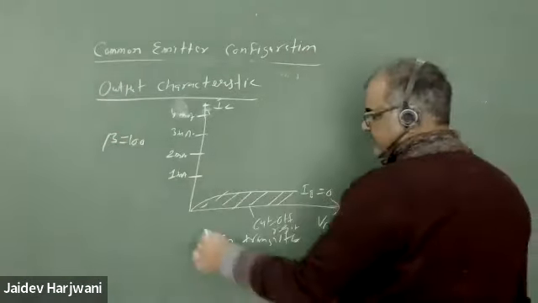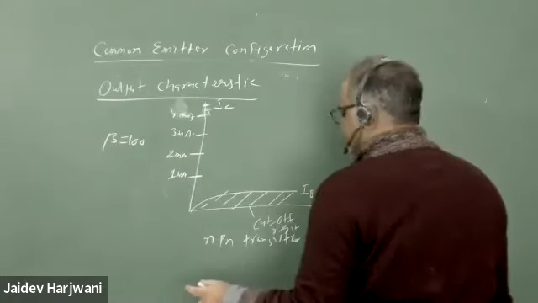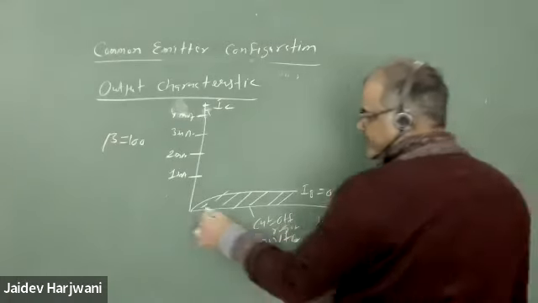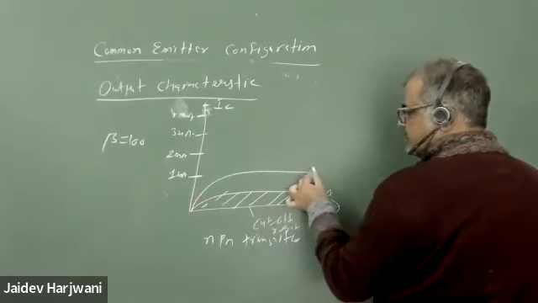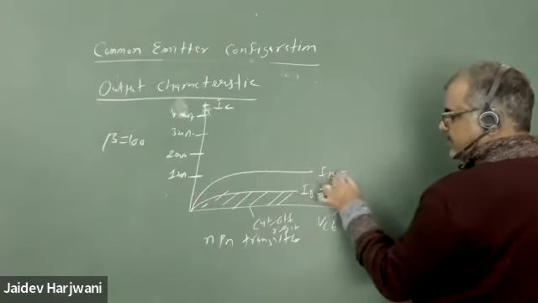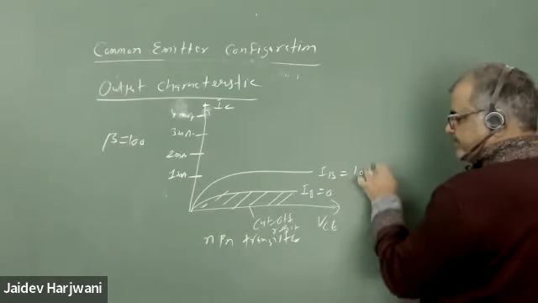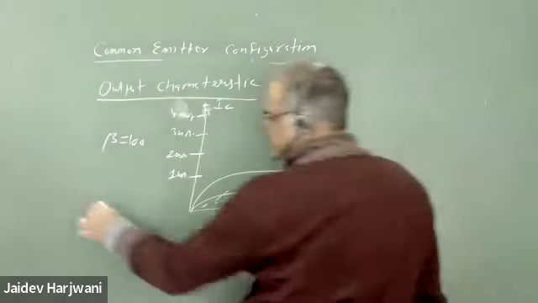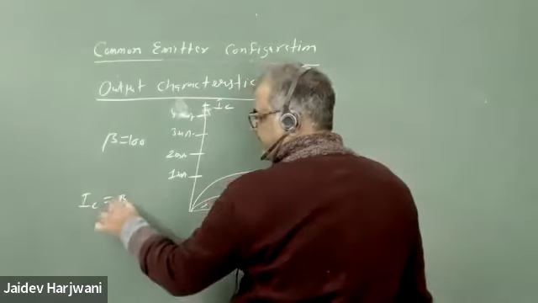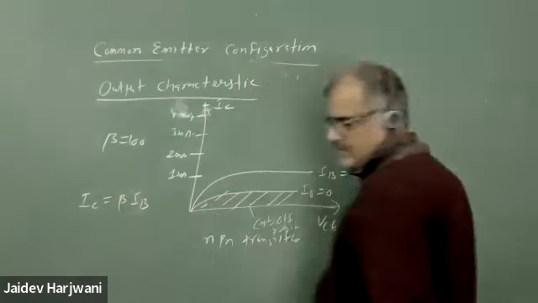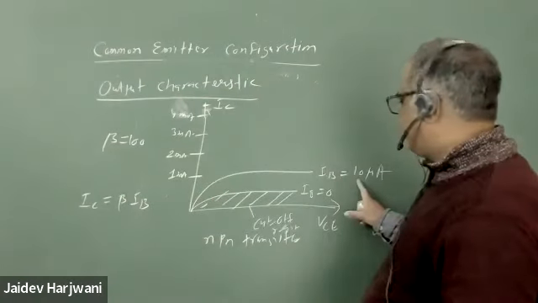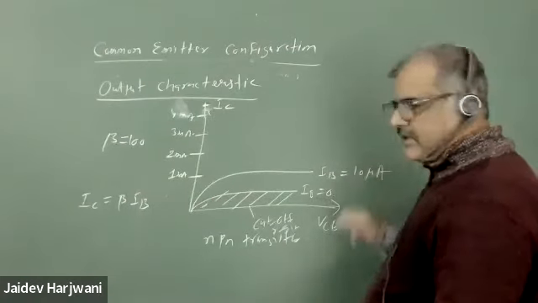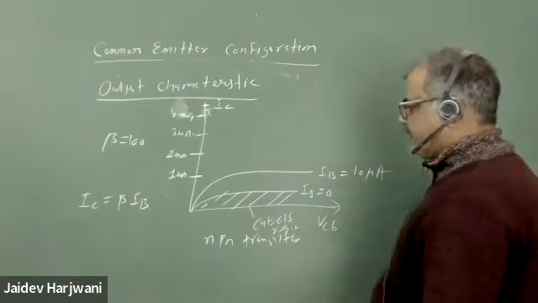Suppose IB equals 10 microampere. Now my IC will be how much? IC is beta times IB, isn't it? So beta is 100, 10 microampere times 100 is 1000 microampere, which is equal to 1 milliampere.